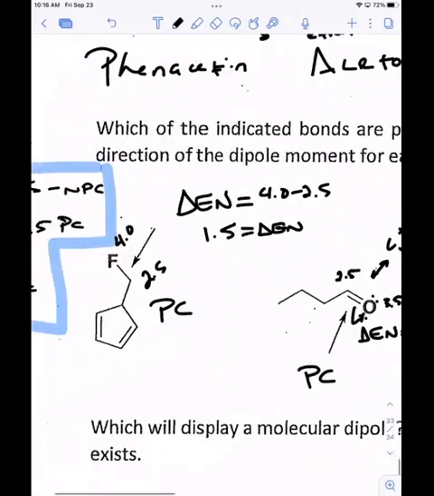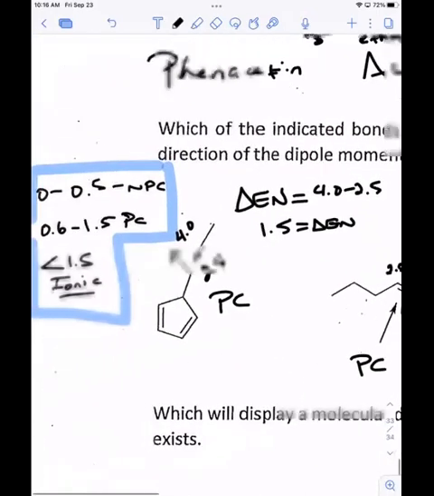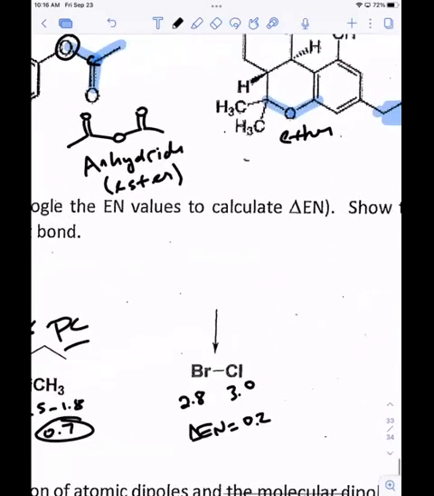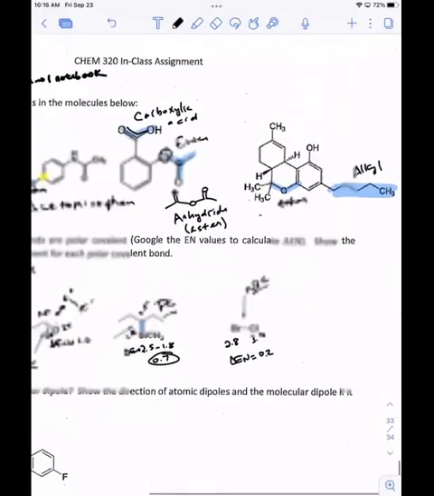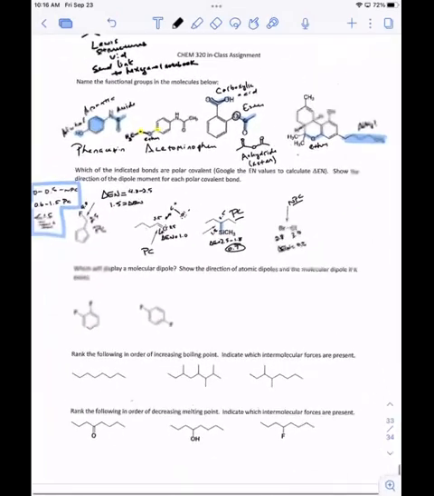So obviously it falls between the range of 0 and 0.5. So we can say that this is non-polar covalent. Questions about that? For the polarity, again, we just use the scale. 0.6 to 1.5 is polar covalent, and 0 to 0.5 is non-polar covalent.